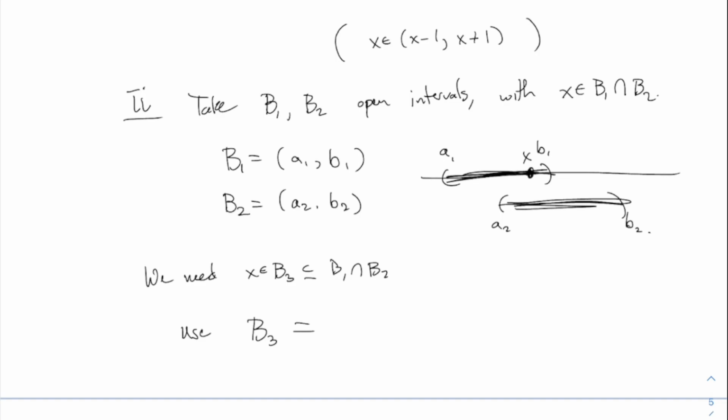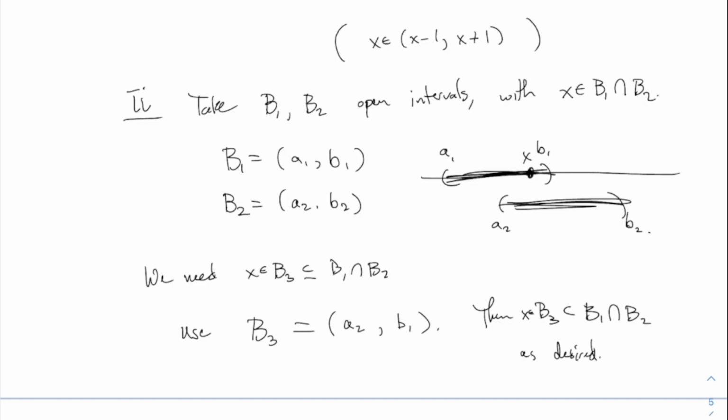Yeah. A2 to B1? A2 to B1, yeah. The open interval A2 to B1. Then x is in B3, and B3 is a subset of B1 intersect B2, as desired.